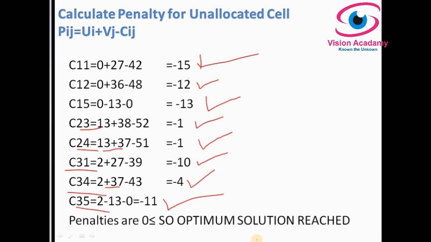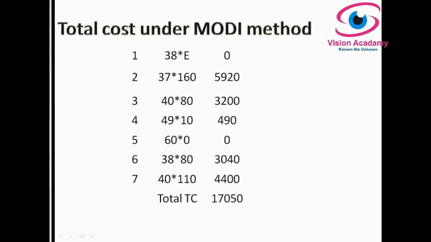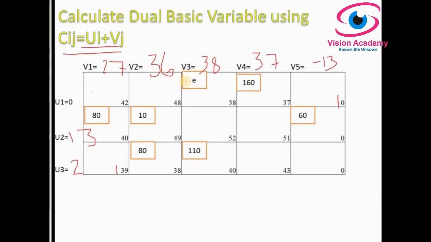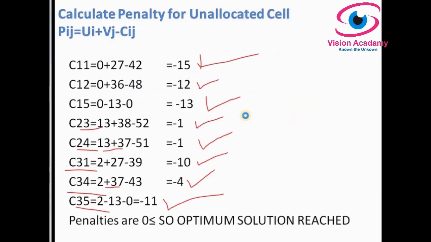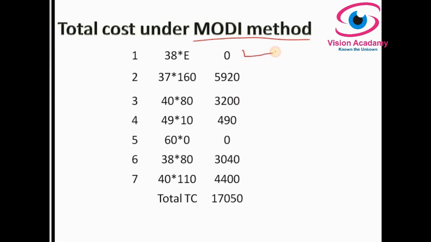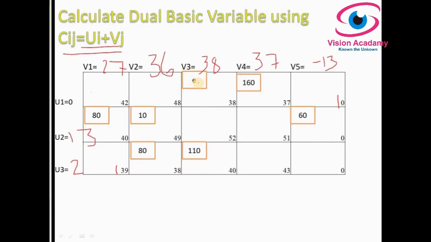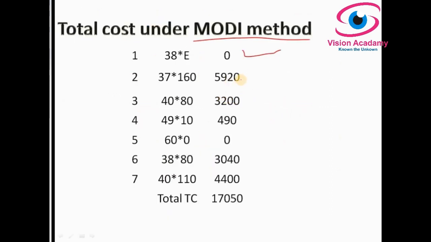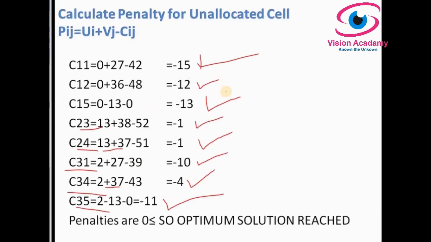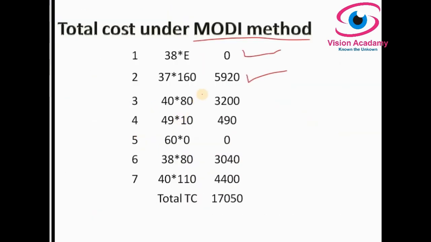So now let us calculate the transportation cost under the MODI method. Let us see how much the transportation cost is, calculating for the allocated cells. Here Xij is E, Cij is 38, so E into 38, E means 0, so it is 0 only. And 160 into 37, 5920. And 80 into 40, 3200.